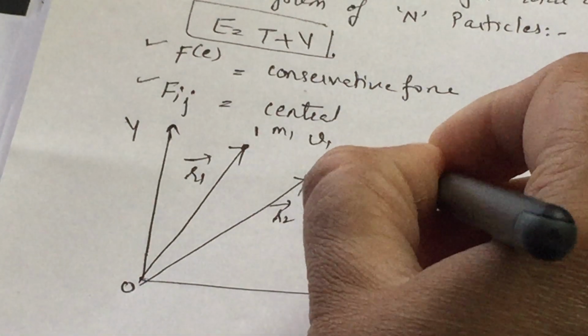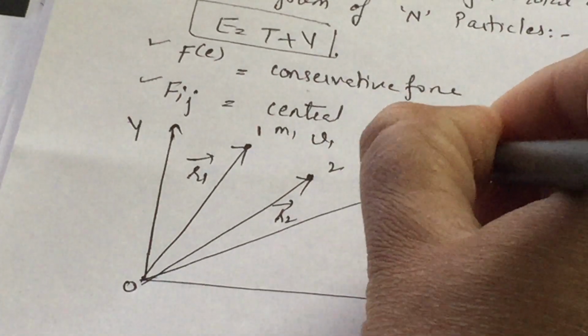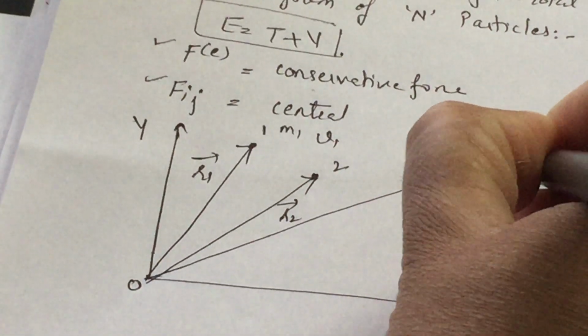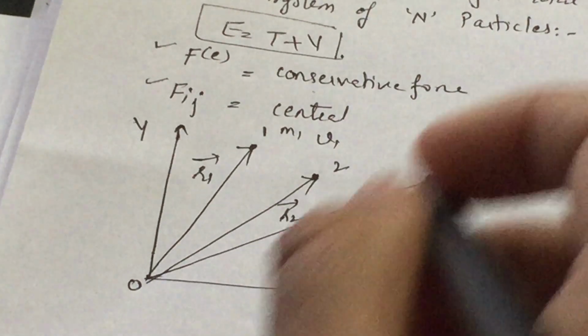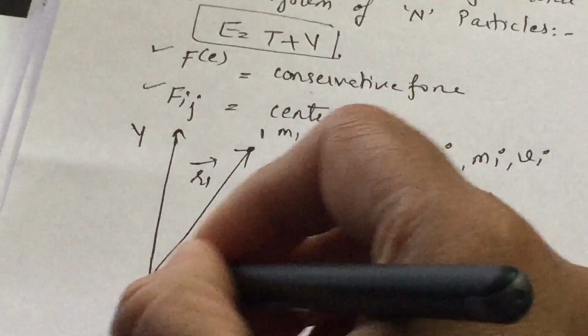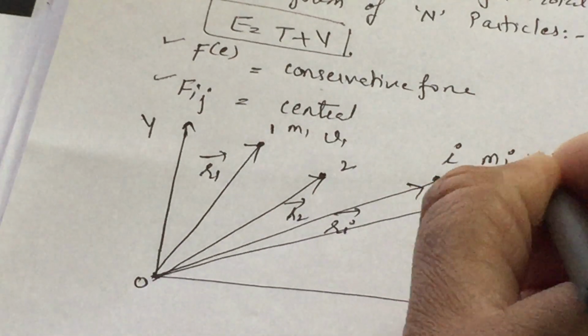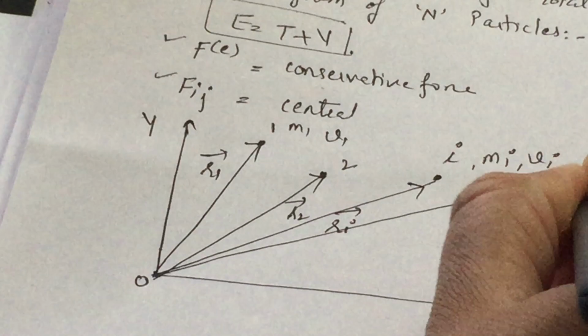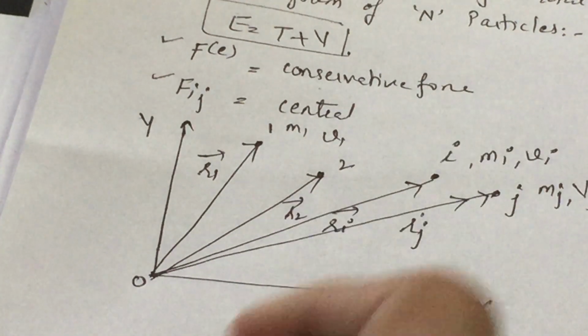This is any ith particle, having mass mi, velocity vi, and position vector ri. Similarly, this is our jth particle having mass mj, velocity vj, and position vector rj.